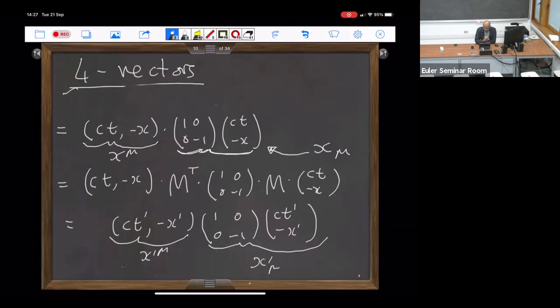So in this case, mu can take values 0 and 1. x^0 would be ct and x^1 would be x. And similarly, x upper mu would be the row vector on the left. And once we do the Lorentz transformation, we get the primed versions of those.